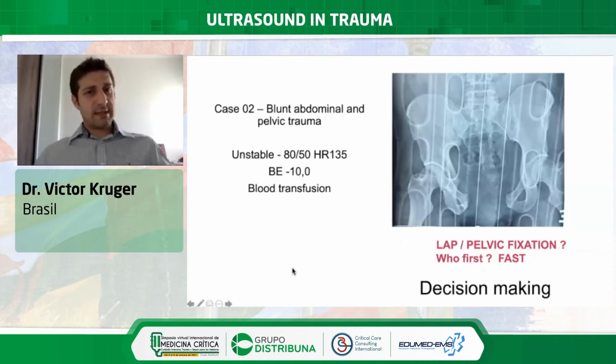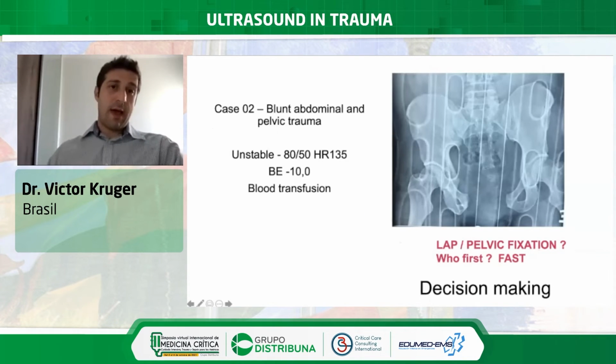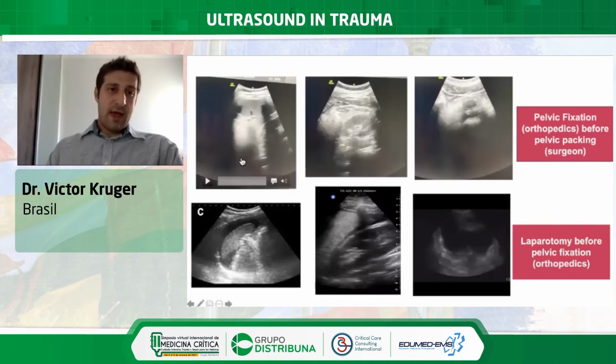Another case, a blunt abdominal trauma and pelvic trauma, unstable at the trauma bay. There is a large amount of microperfusion, base excess negative 10. We started blood transfusion, and who is first? Laparotomy or pelvic fixation? We performed a FAST exam for decision-making.